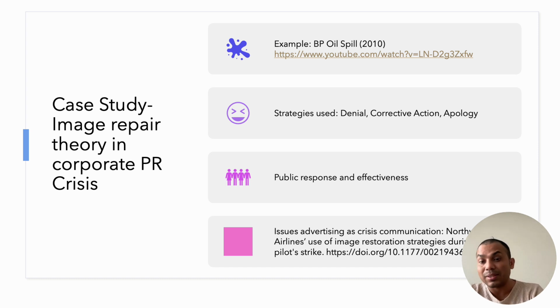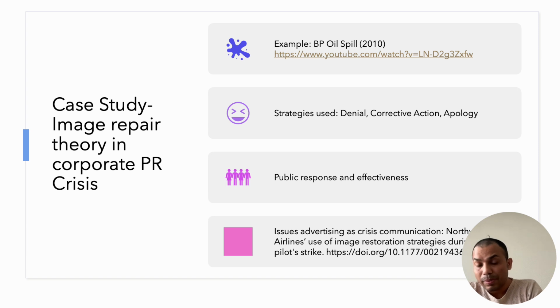Definitely their responses were not effective. That's why at the end they had to accept. They denied, but that didn't work. So they had to accept, right? So at the end they apologized and they gave compensation, but was that effective to manage their reputation, to manage their image?